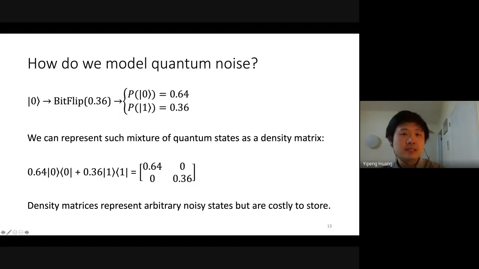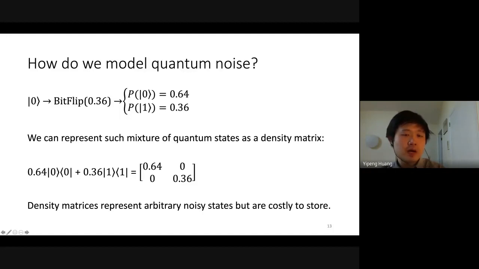In this case, the mixture that we had here is going to turn into a density matrix like this. The nice property of this representation is that you're able to represent any probabilistic mixture of quantum states in this way without having to break it down into component mixtures.